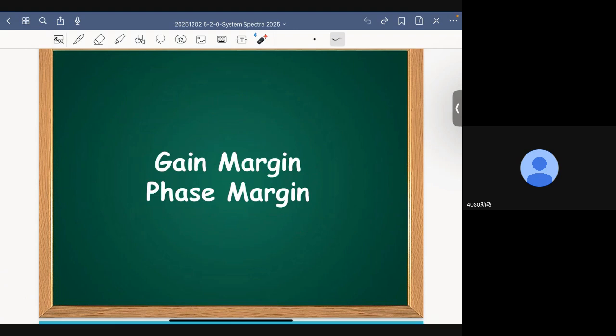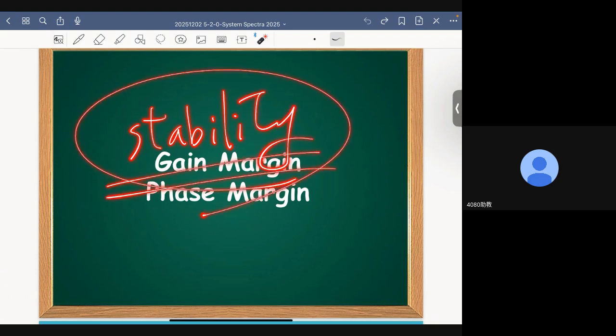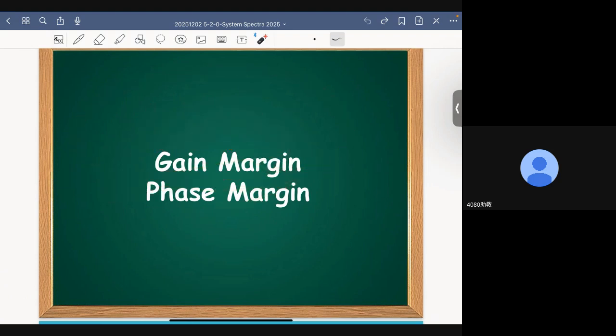And the other fundamental requirement is stability. Whatever I do, the first thing I want to make sure is that the output of the system will not explode, will not diverge, will not increase without any limit, because it will cause disasters.